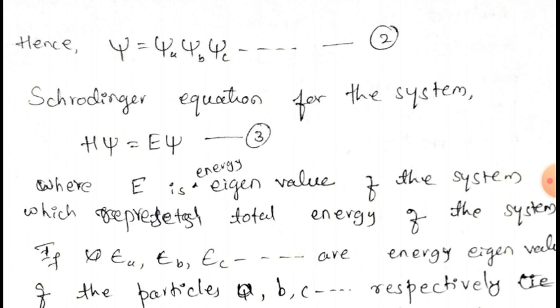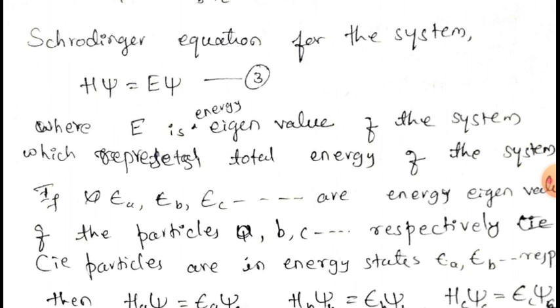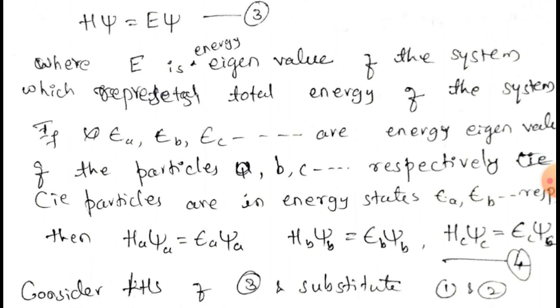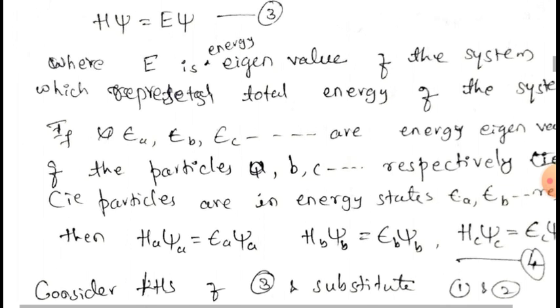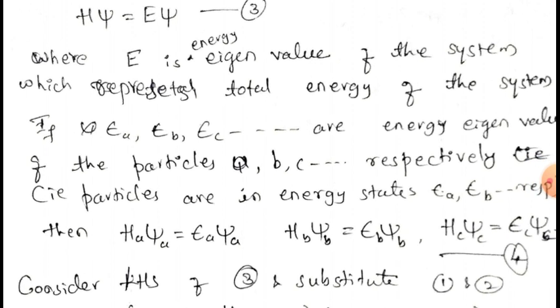The Schrodinger equation for the system is H psi is equal to E psi, which is equation 3. Here E is the energy eigenvalue of the system, which represents the total energy of the system.